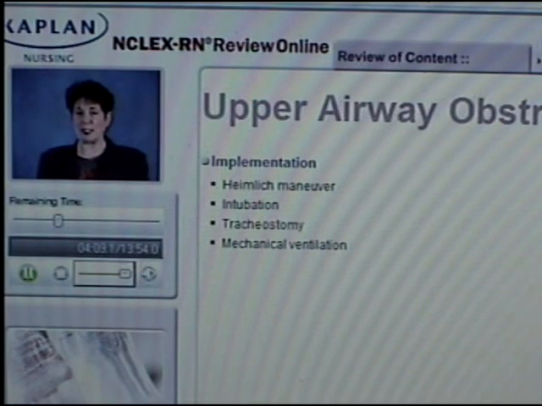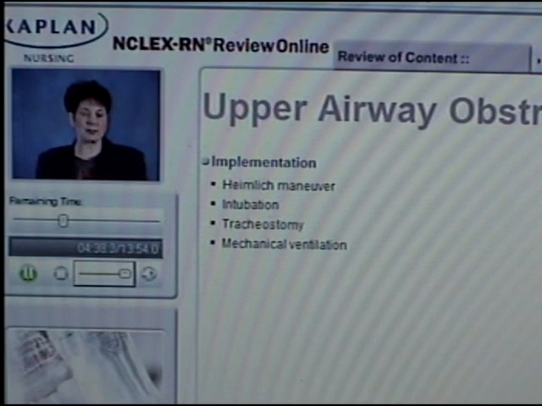You would know it if the patient began to have noisy respirations, meaning you can hear them breathe in and out. You would see it especially if the patient became restless, because as their O2 drops, they will get restless because of the cerebral anoxia. You will see it with an increase in pulse rate. You will see it with an increase in respiratory rate as the body tries to compensate for the fact it's not getting oxygenated. Or you'll actually hear or see presence of mucus in the airway.